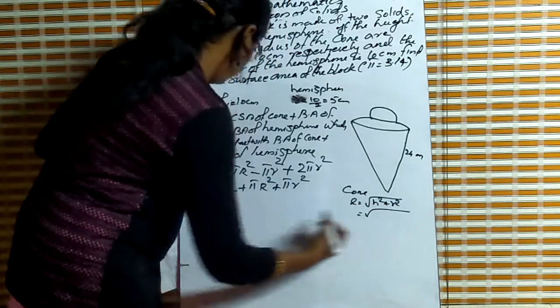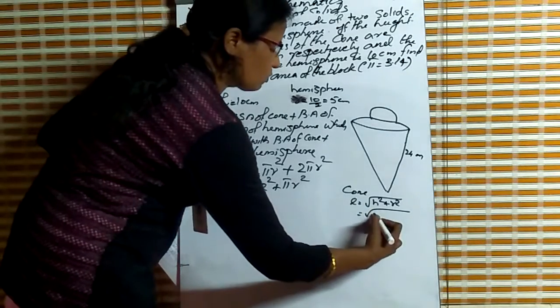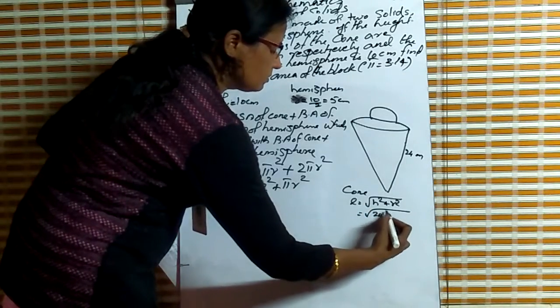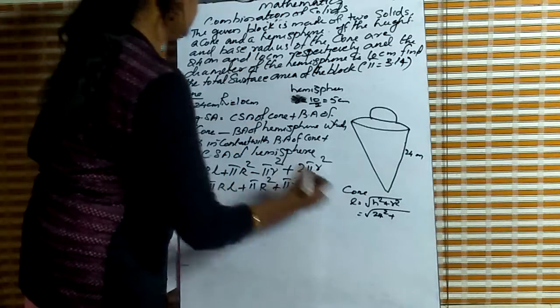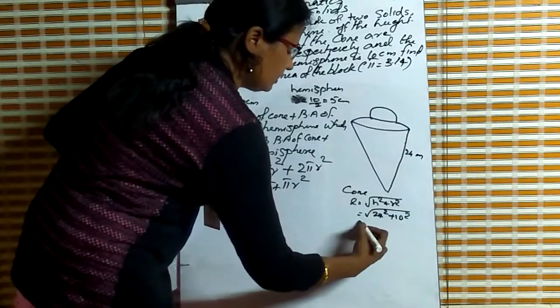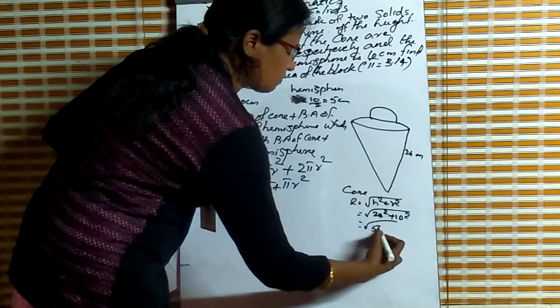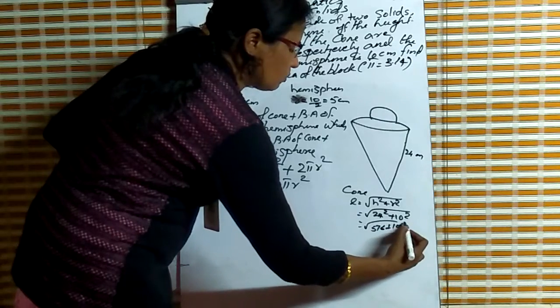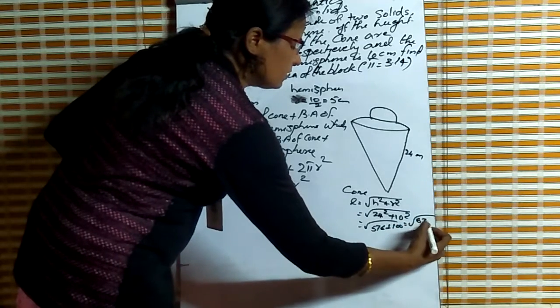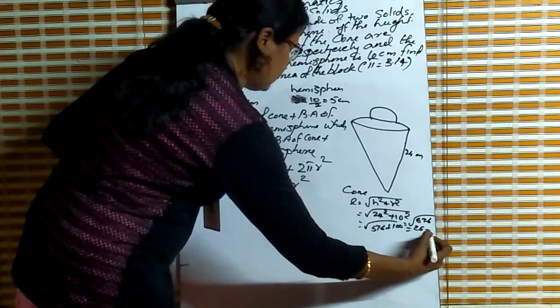What is H? H is the square root of 24 square plus R, radius is 10 square, which is equal to 576 plus 100, equal to 676, equal to 26 centimeter.